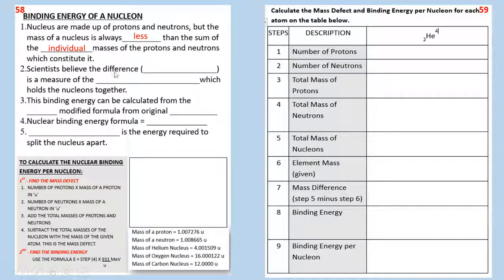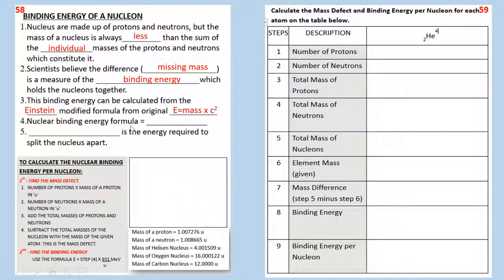Scientists believe the difference, the missing mass, is a measure of the binding energy which holds the nucleons together. This binding energy can be calculated from the Einstein formula, modified from the original.